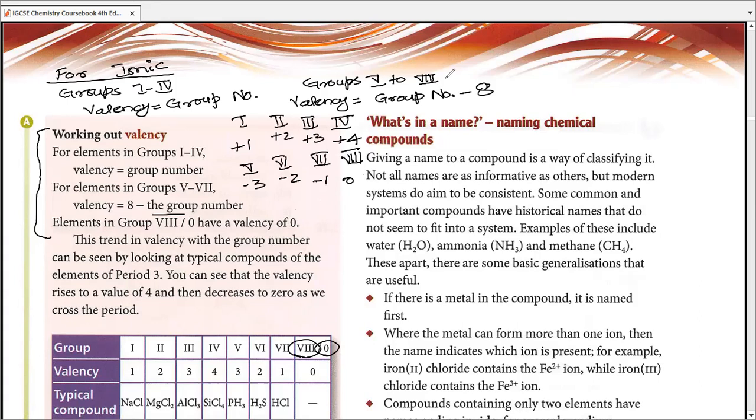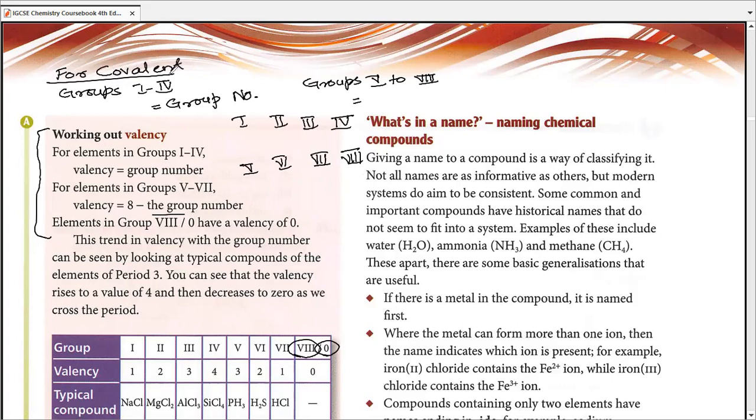I'm going to erase it, and I'm going to talk about the covalent compounds for now. So for covalent compounds, we don't use the word valency.